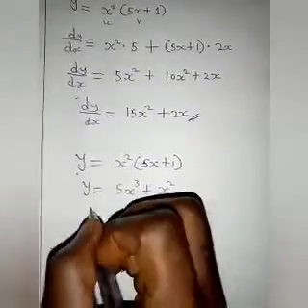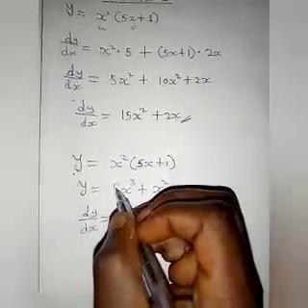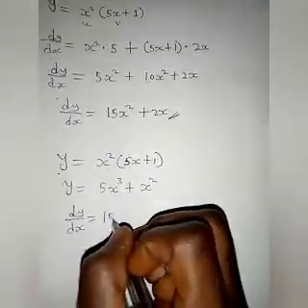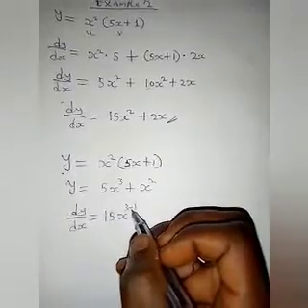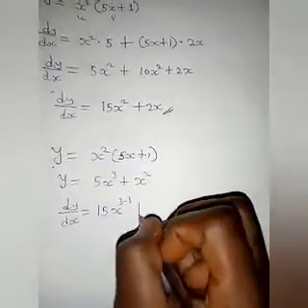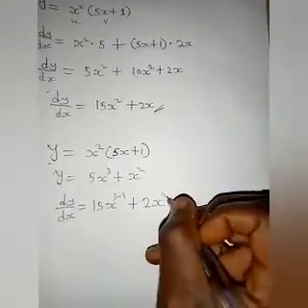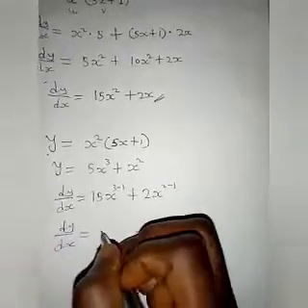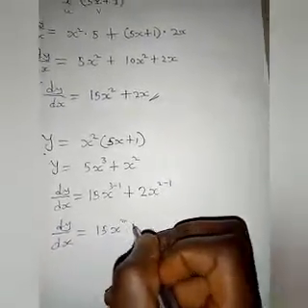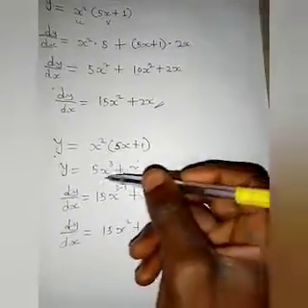When we differentiate with respect to x using power rule, this will multiply this to give us 15, then we subtract 1 from the power, plus this will multiply, then we subtract 1 from the power, so that dy/dx will equal 15x² + 2x. That's using power rule to solve this.